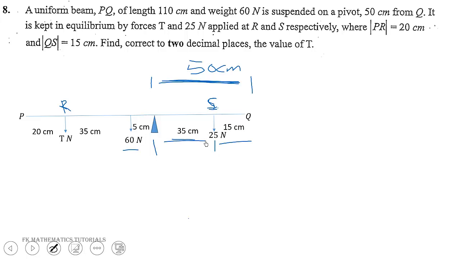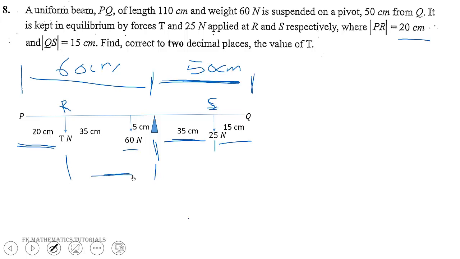Then the whole thing is 110 centimeters. So if from here to here is 50, then the remaining one is 60. So if from here to here is 20, as given in the question, then from here to here should be 40. Good.